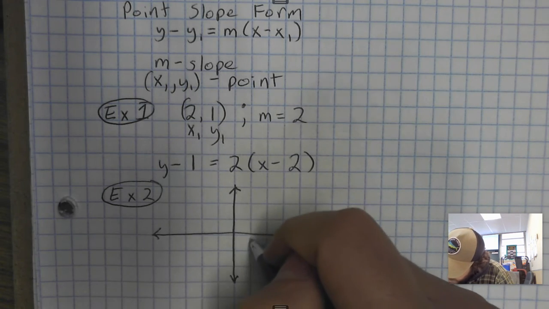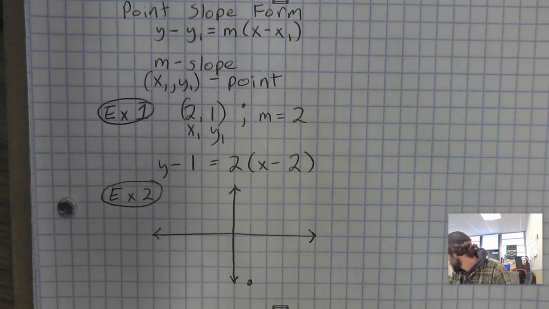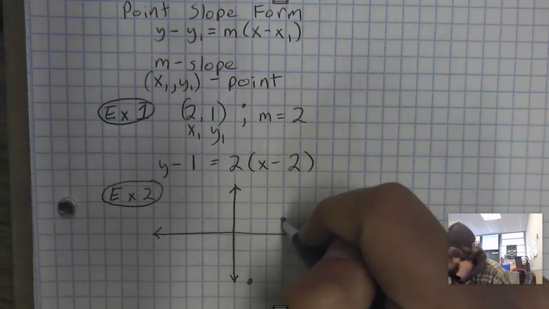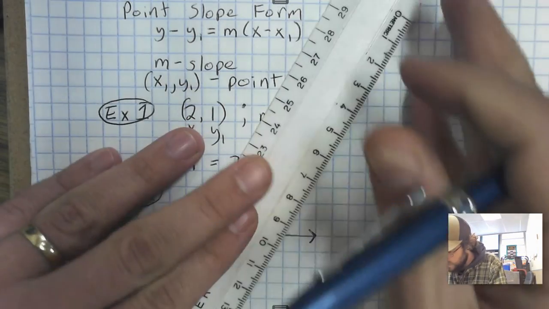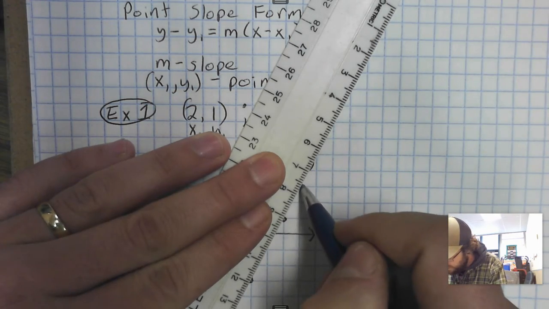The first point is down here at 1, -3, and the second point is at 3, 1. There is this line given on the graph.